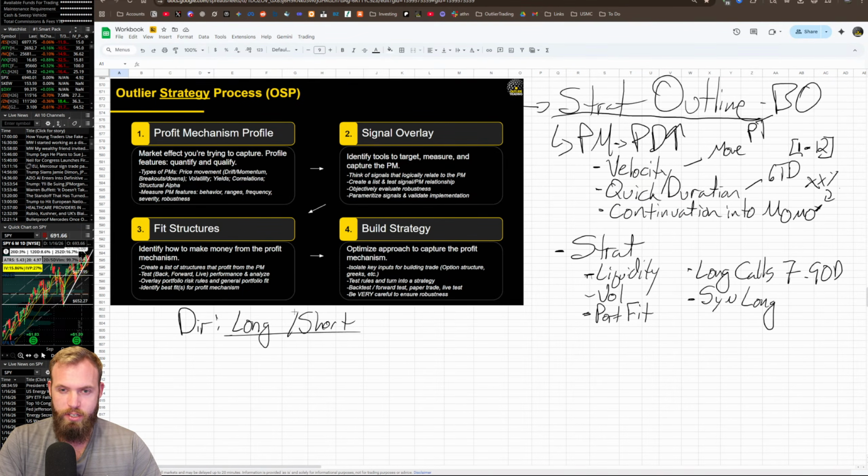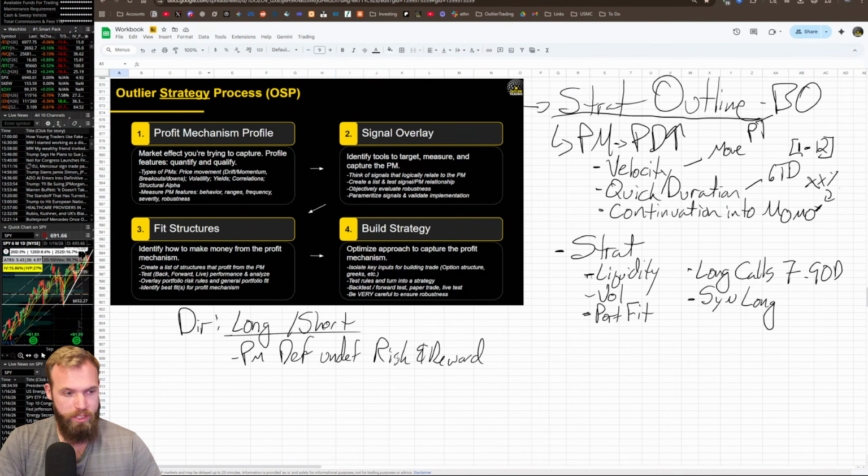One of the easiest starting points to consider here is, again, looking at the profit mechanism. Based on that profit mechanism, it's typically going to have a preference for defined or undefined risk and reward.